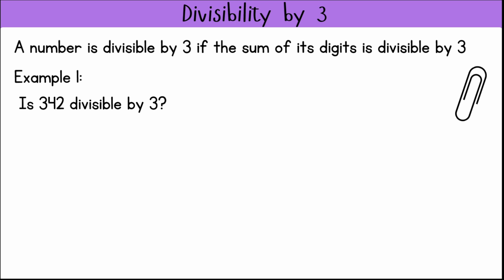Let's look at this example. The question is: is 342 divisible by 3? So how are we going to solve this very quickly without actually attempting to divide by 3? All I have to do is add 3 plus 4 plus 2. 3 plus 4 is 7. 7 plus 2 is 9.